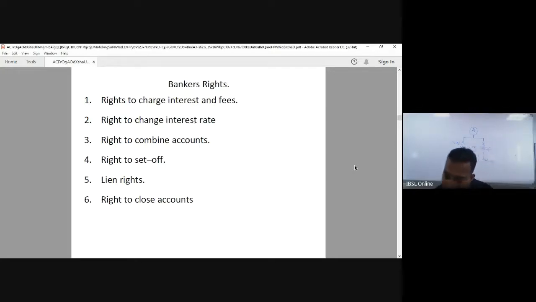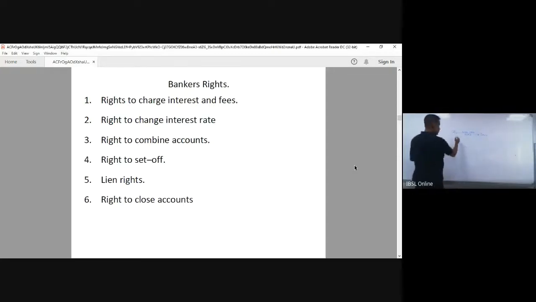I will explain with an example. Then you will understand. Say we have a customer A, he obtained a loan of 1 million from the bank, say in 2020.